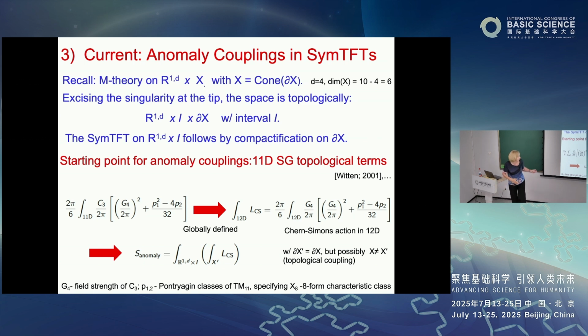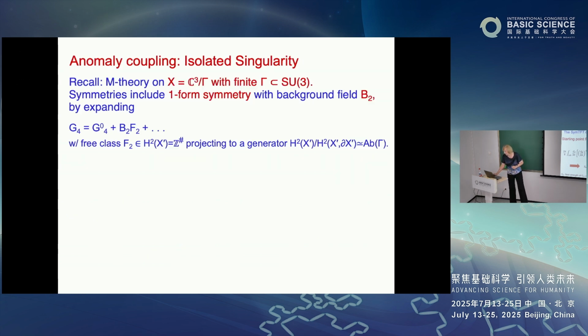It's from this type of action, okay? So let's see what we are doing. I'm focusing on 1-form symmetry. My extra space will be with isolated singularity. Again, my favorite conical orbifold. Symmetries, as I already highlighted, associated with 1-form symmetry are the dynamical B2 fields that actually enter the expansion of the field strength.